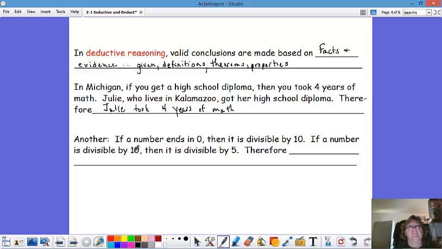If a number is divisible by 10, then it's divisible by 5. And that must be true as well, because 5 goes into 10 evenly. Therefore, if a number ends in 0, then it's divisible by 5.